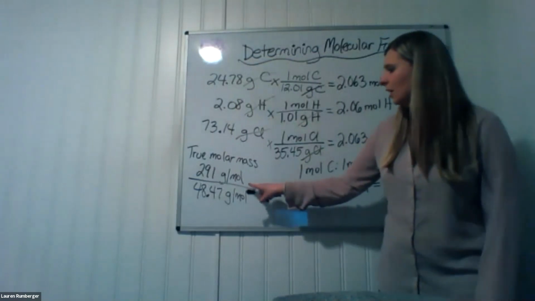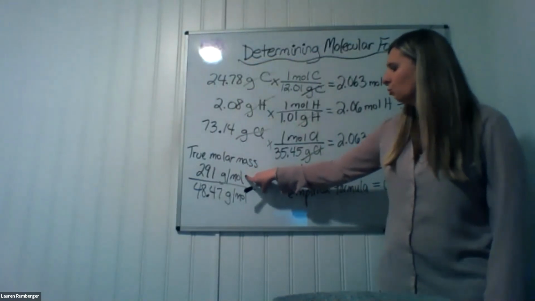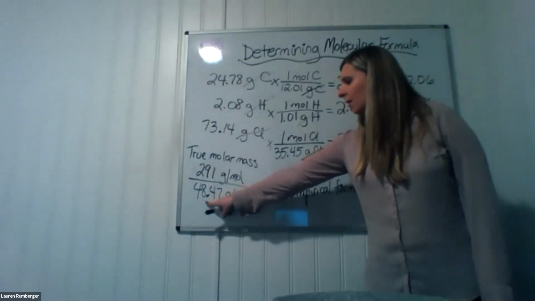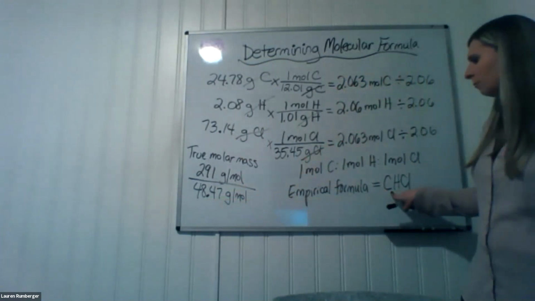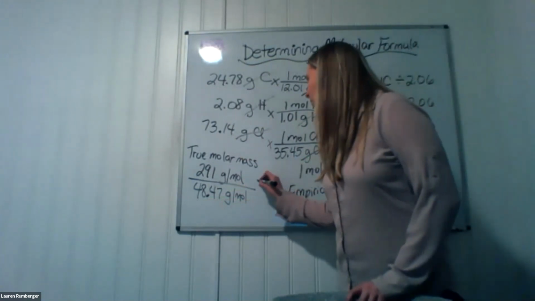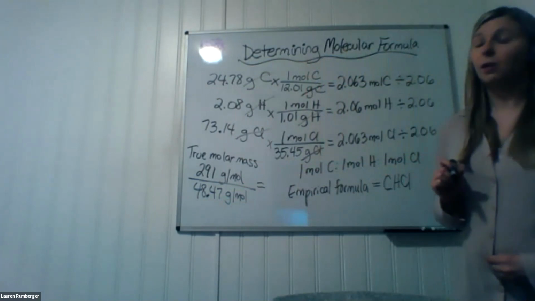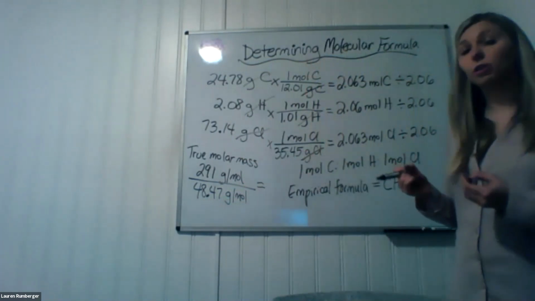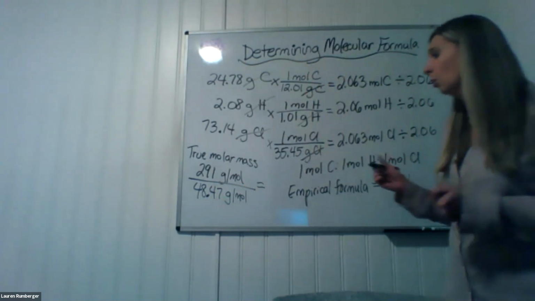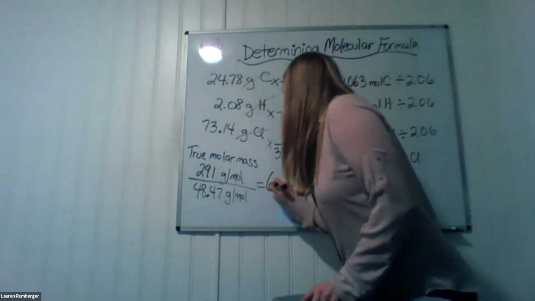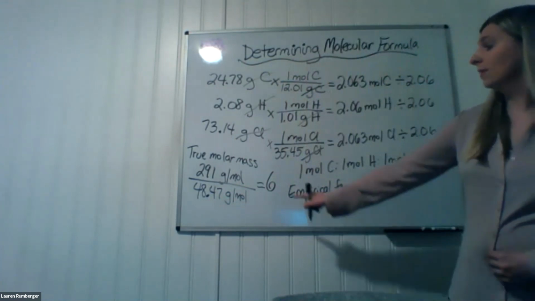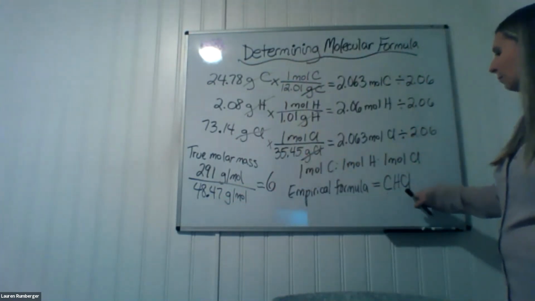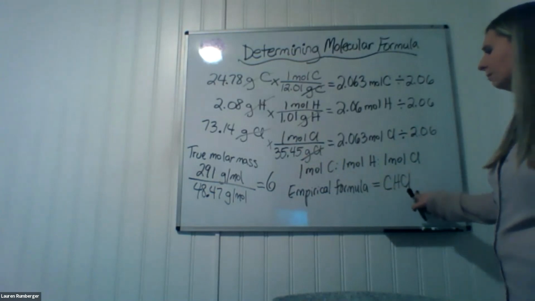So right now we're taking the true molar mass, 291, dividing it by the molar mass of the empirical formula to determine the whole number factor. So we're going to do the division here, and when you divide, you're going to see that it can round to the whole number 6. Okay, so that's your whole number factor that you will multiply by the subscripts of the empirical formula.